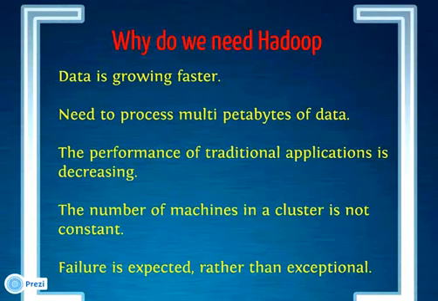The next reason is that failure is expected rather than exceptional. While working on any software or hardware, we cannot guarantee that the system will not fail. It may fail at any time due to a hardware bug, a software issue, a power failure, or any other reason.